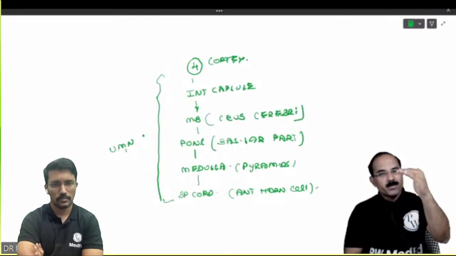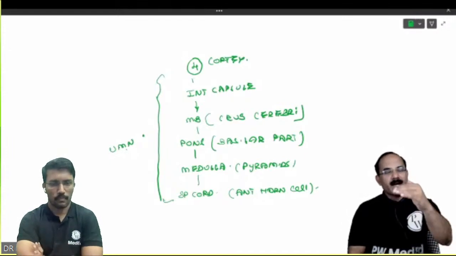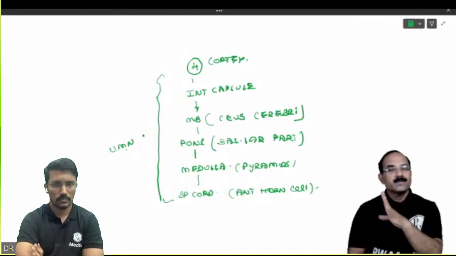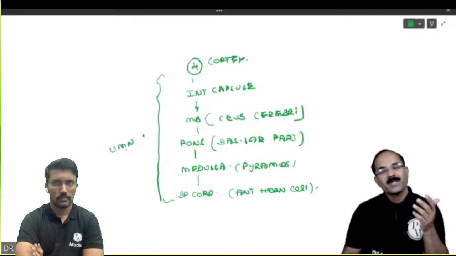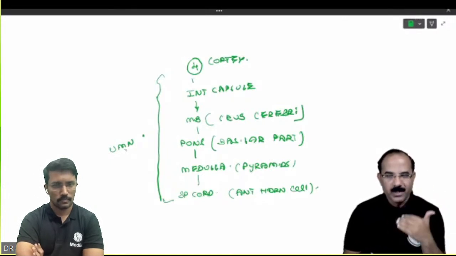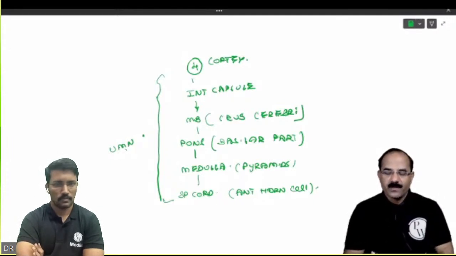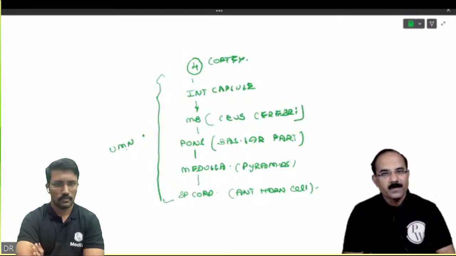Okay, so the upper motor neuron is from the cortex to the anterior horn cell, and the nerve which begins from there becomes the lower motor neuron. So UMN paralysis, LMN paralysis, that's how I'll be telling you. So that's about the corticospinal tracts. Clear to all of you?